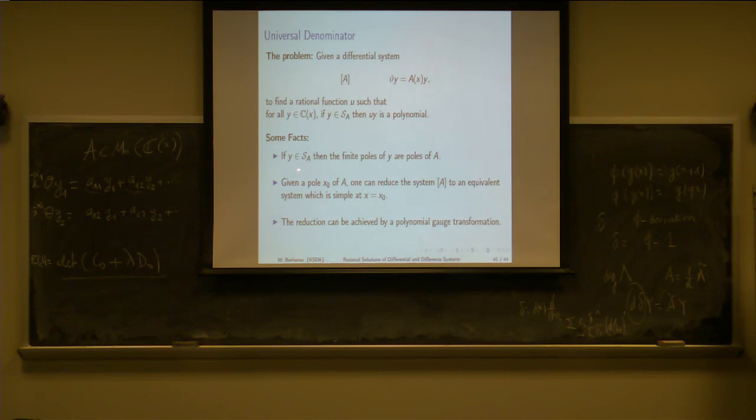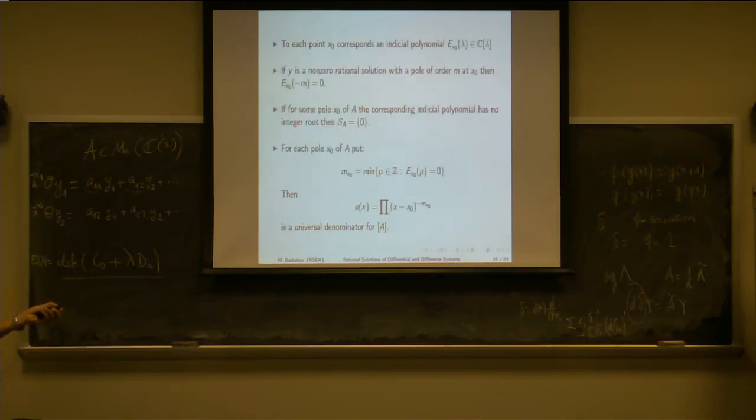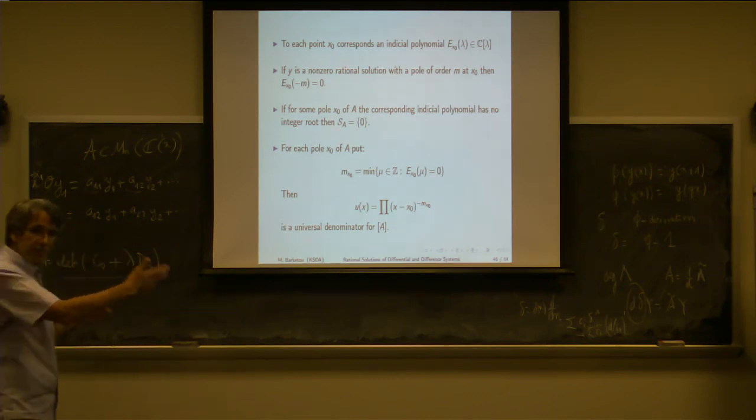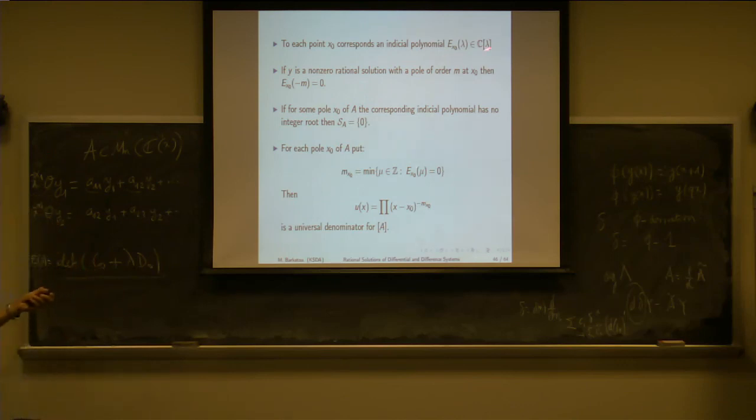So let SA be the set of finite poles, and for each pole, I need to know the exponent, the order of this pole. So what we do is just compute, transform at this point the system to a simple system as explained, and then get the initial equation at x0, and then the order of the pole is a 0 of this equation, or its negative is a 0.